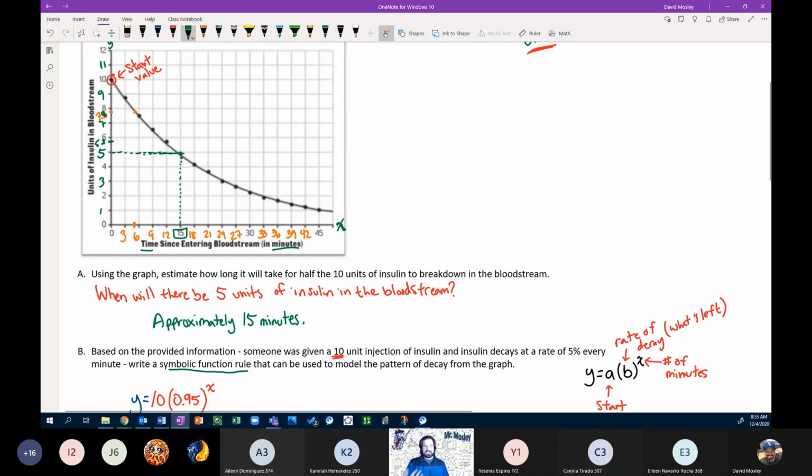And these points are actual data points from insulin breakdown that were measured. And that curve is the closest approximation we can get. And using the data point, it looks like at 15 minutes we had 5 units of insulin left. So using the function, it's going to be a slightly different answer. This way they don't match up.